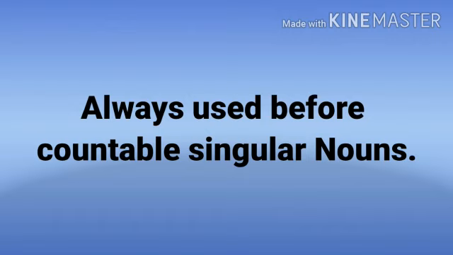For example, a rabbit, a pen, a mouse, a chair, etc. For an, we can see the examples: an extra pen, an ox, an ink pot, an hour, an honest man, etc. In all these examples, we observe that whatever the noun is, it is always singular and countable.